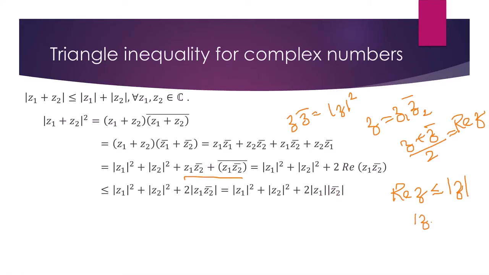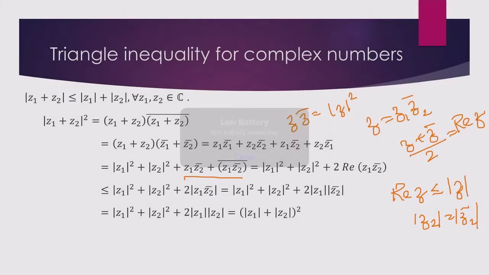Now finally we know that mod z2 and mod z2 conjugate are the same. So I will write this mod z2 conjugate as mod z2. Now this is of the form a square plus b square plus 2ab, which is a plus b whole square.